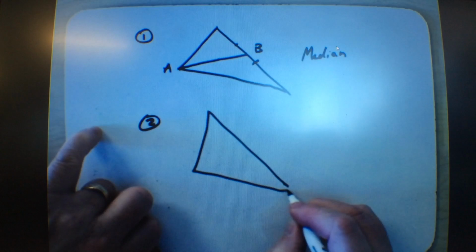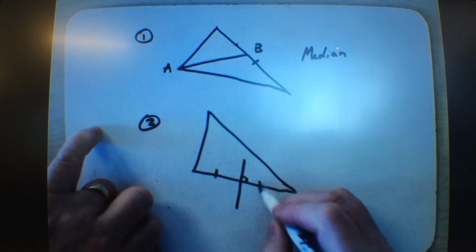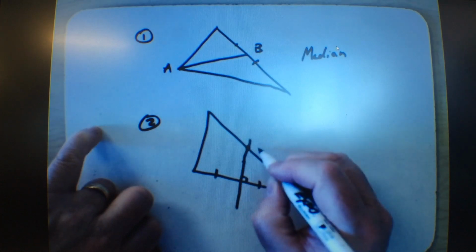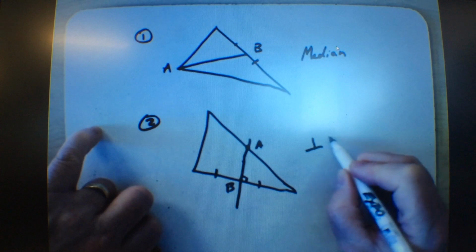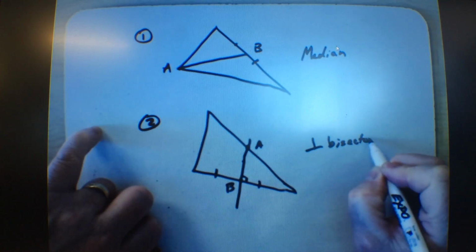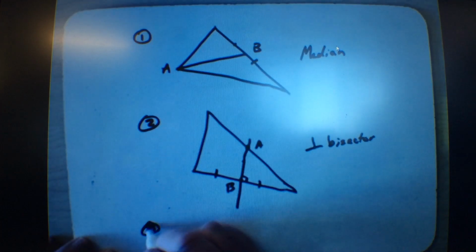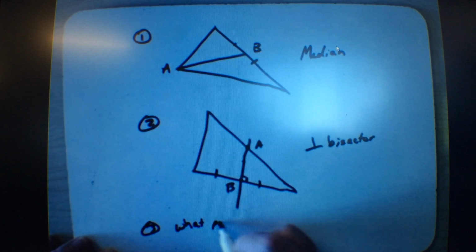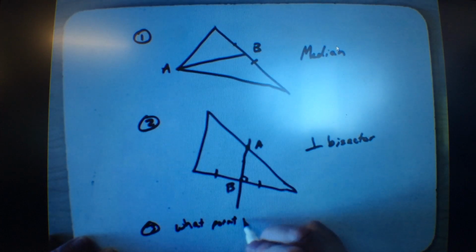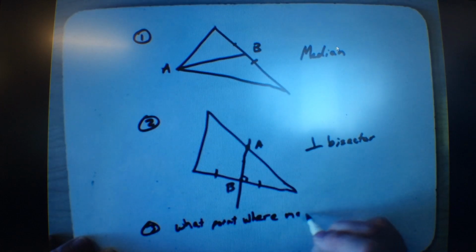And then I might have a number 2 here, and draw a different triangle, and I might do this. This would be called A, and this would be called B. What's AB? All right, you see what I'm saying? So it might be a little 5-point quiz, and then I might say, what do they call the point where medians meet?